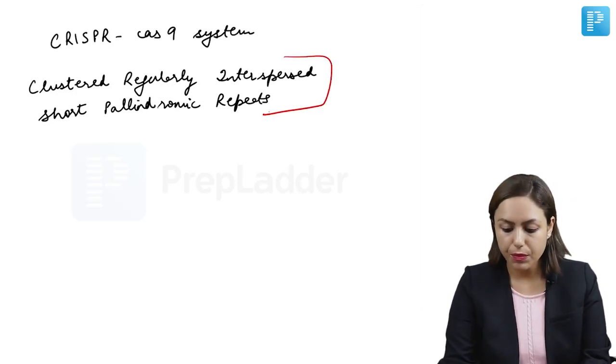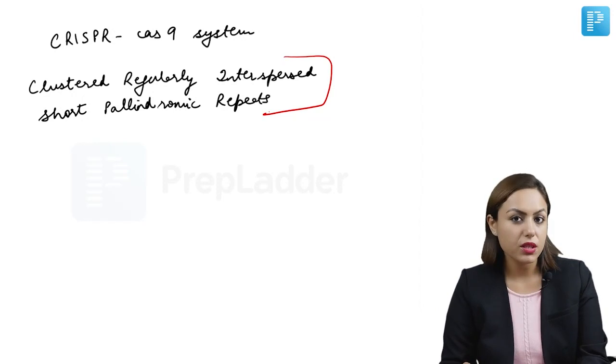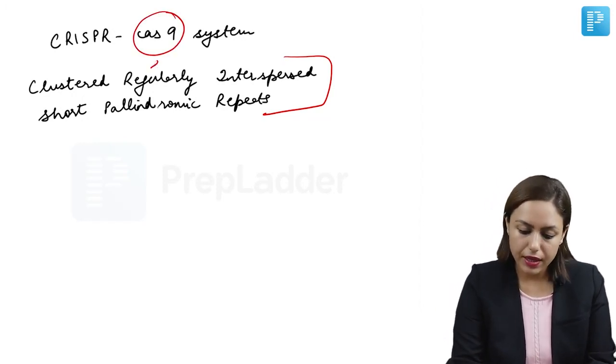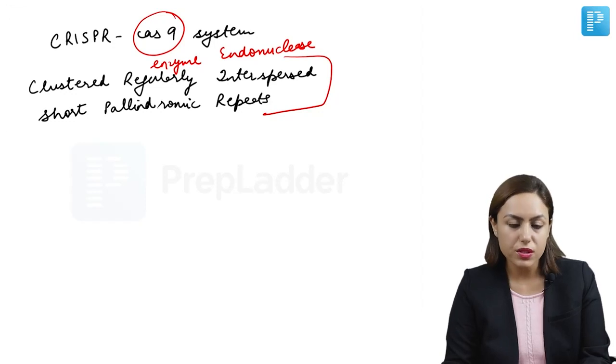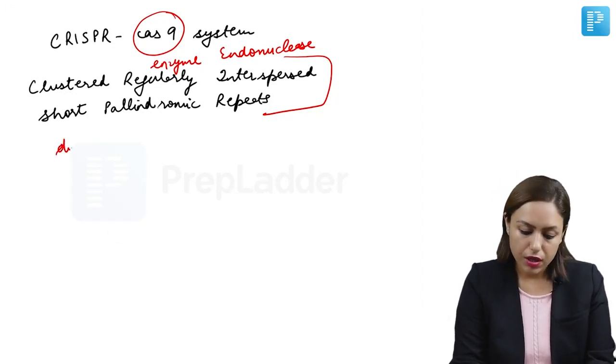So there's a palindromic repeat sequence present in the genome, right? And Cas9 is the enzyme. It is an endonuclease. It can cut CRISPR associated sequences. So this system is used to create double strand DNA breaks.